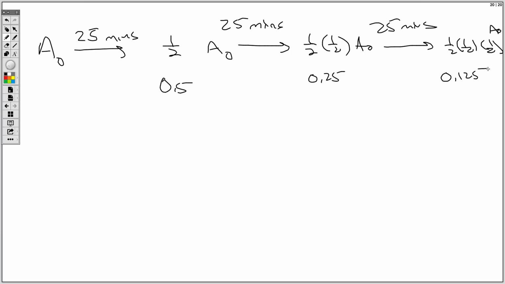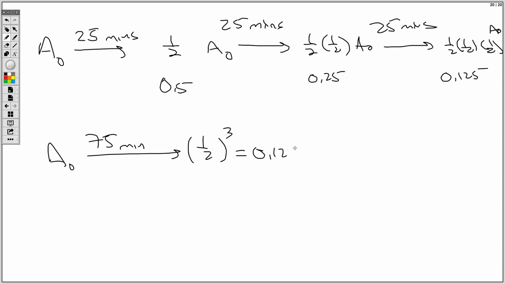So every 25 minutes, I'm down to half of what I started. So after 25, 25, 25, so after 75 minutes, I'm down to 1/2 cubed, or 1/8 of my initial amount.